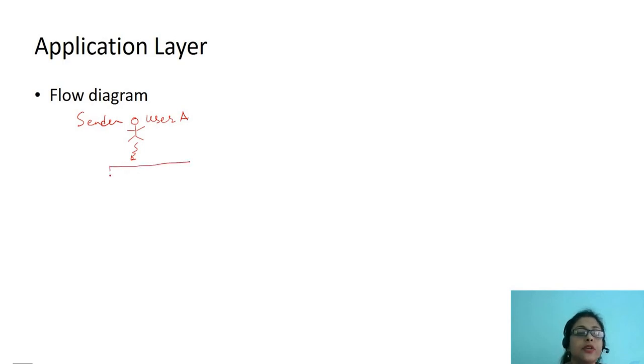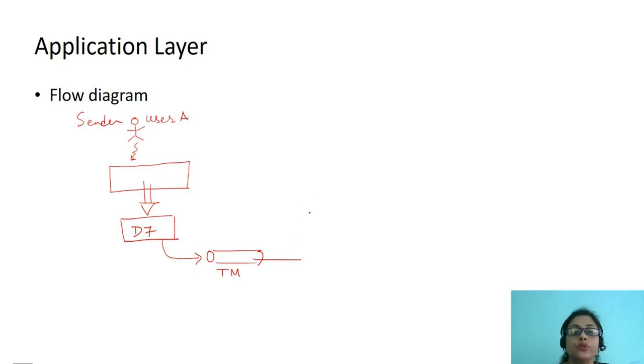Now this application layer processes this data and transforms them into D7. So D7 means the data at the application layer. Now this data then passes through the transmission media and it goes to the destination computer.